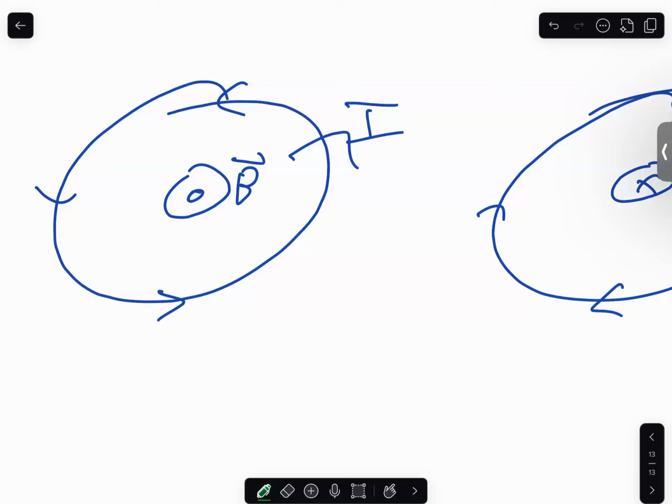Normally, you can't exert a force on yourself, but if I try to make this current stronger, the effect of the magnetic field will be to actually slow the rate it gets stronger. This is called self-induction, and it is beyond what I'm going to test you on.